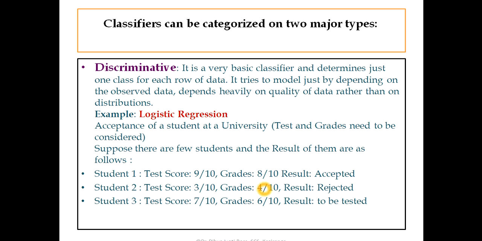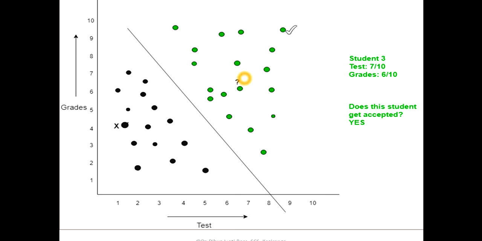And if it is 4, then it is rejected, and if it is 6, then the result is to be tested again. So in this plot, suppose a student has test 7 out of 10, grade 6 out of 10. So this is the particular point, and it lies on this side. This line is dividing these two categorizations, or two classifications. You can say two classes.